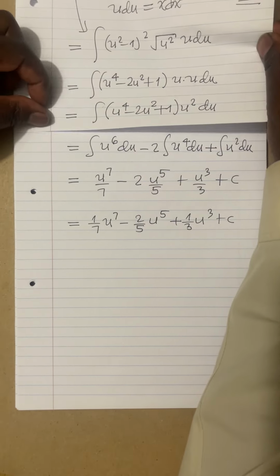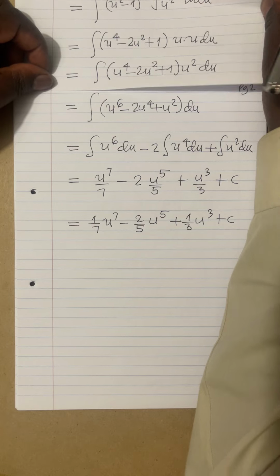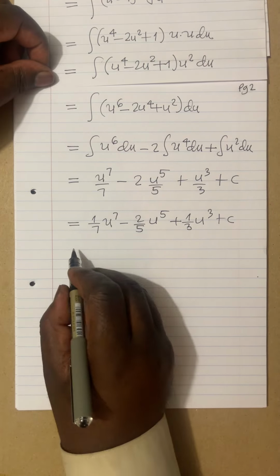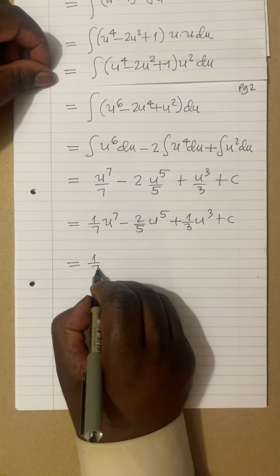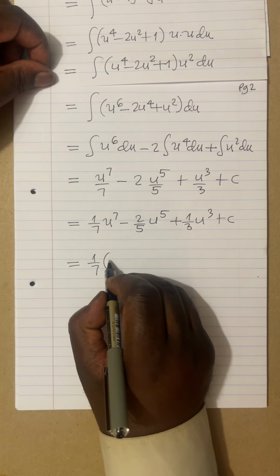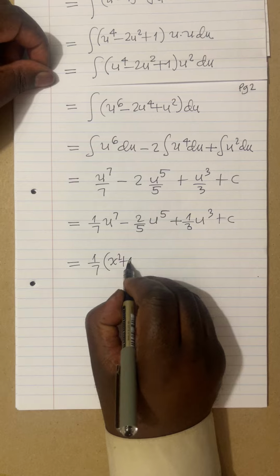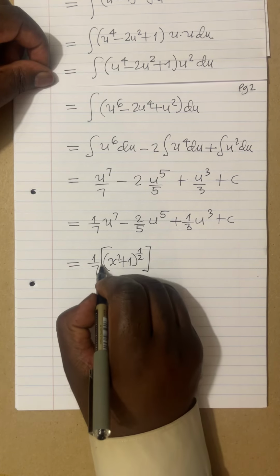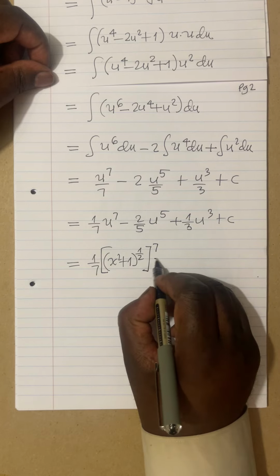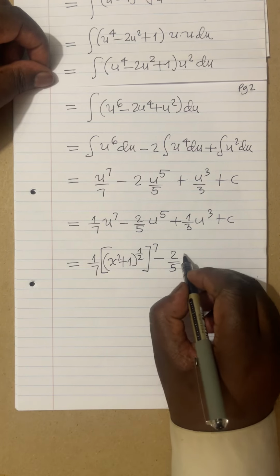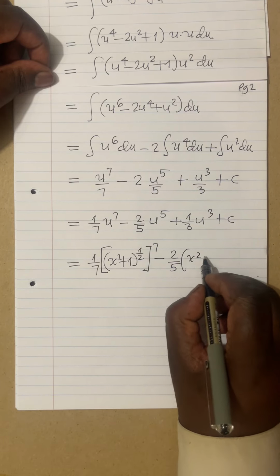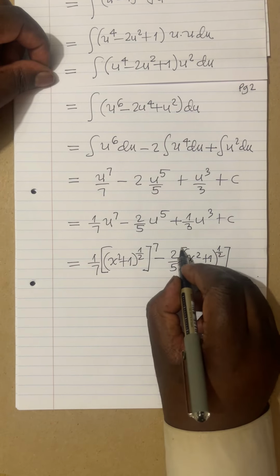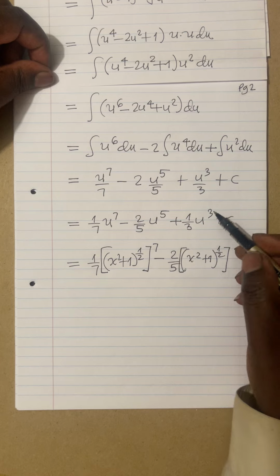So coming back to our last step where we stopped, this is going to be 1 over 7. Remember now I'm saying we have x squared plus 1 to the power half, but we have outside power 7, and then minus 2 over 5, and we are going to do the same, x squared plus 1 to the power half, to the power 5.